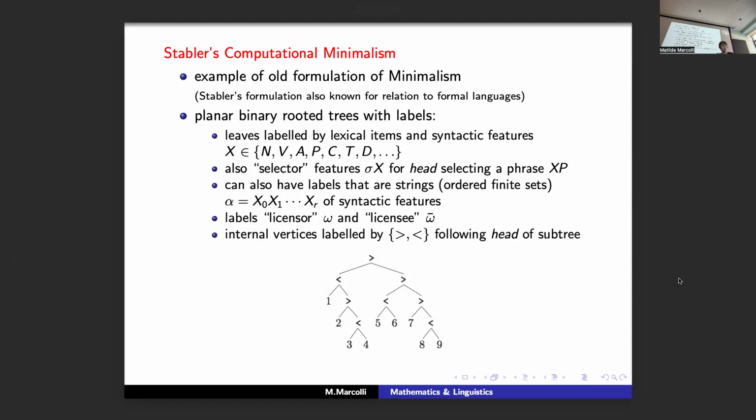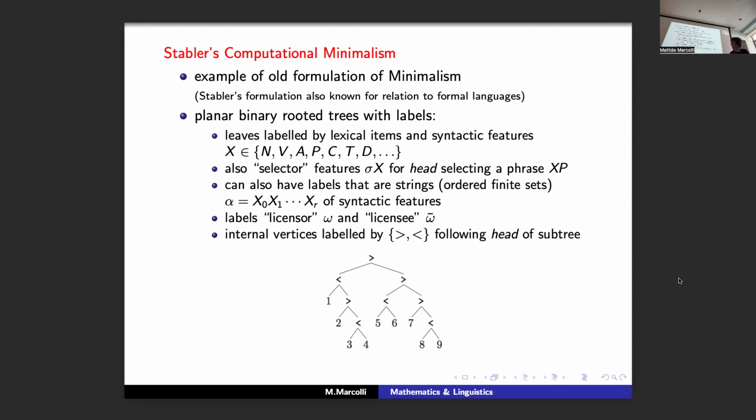Part of the information in those labels is exactly where the head of the tree goes. So the head structure is taken care of, and there are also other syntactic features, which tell you whether something is a noun phrase or a verb phrase, that also go into the labels attached to the vertices.